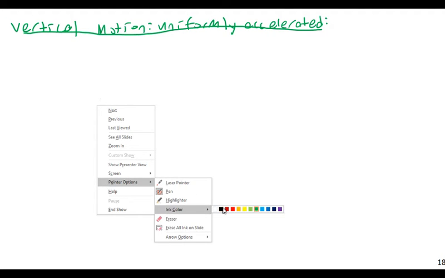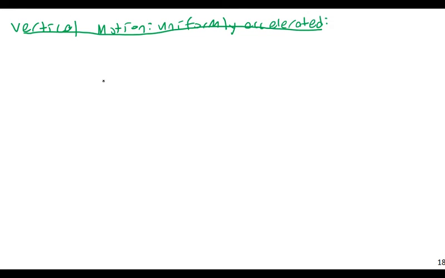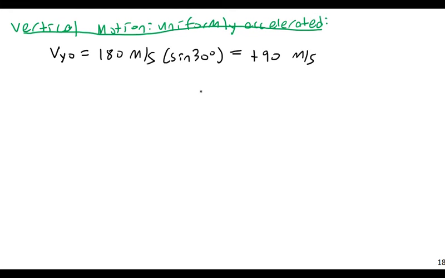And let's first find the Vy naught, the initial velocity in the y direction. That's simply going to be 180 meters per second times the sine of 30 degrees, which comes to plus 90 meters per second. And then Vy is equal to Vy naught plus at, which becomes Vy equals 90 minus 9.81 t.